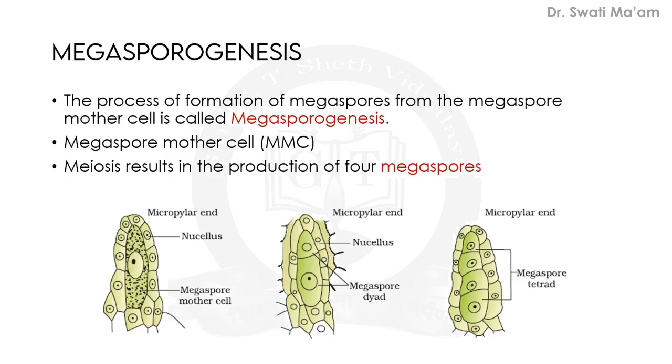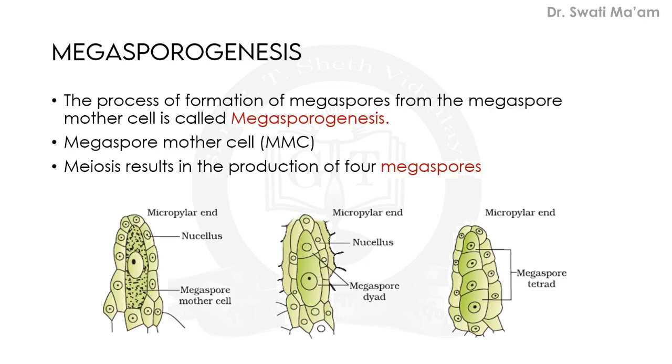In the last few sessions we have learned how the male gametes are produced. Today we will learn about the development of female gametes from megaspores, the formation of megaspores. Meiosis will result in the production of actually 4 megaspores.